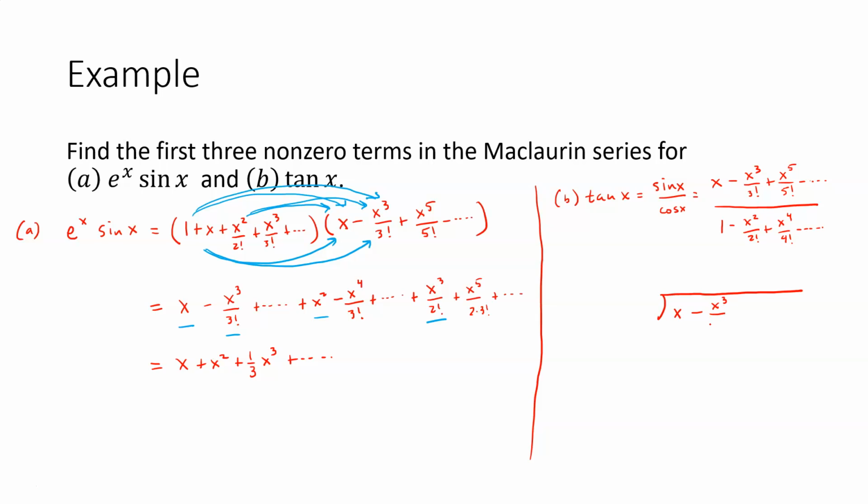So I'll write 3 factorial is 6, and then x to the 5th over 5 factorial, which is 120. And then here it was 1 minus x squared over 2 plus x to the 4th over 4 factorial, which is 24.